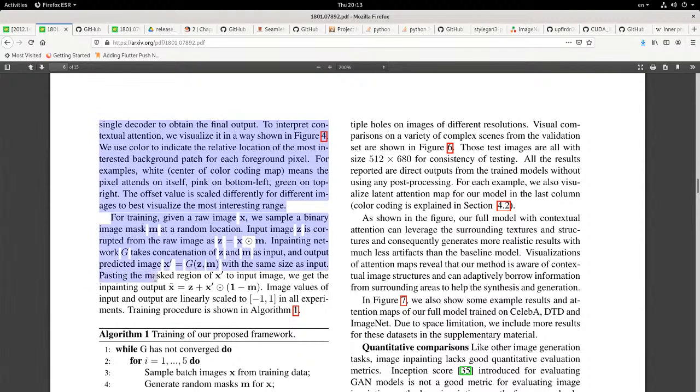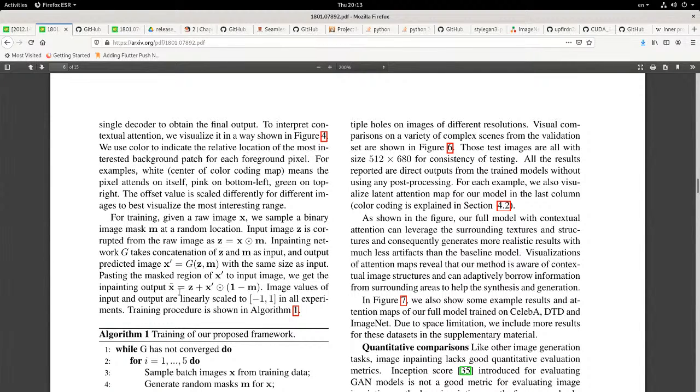Pasting the masked region of X' to the input image, we get the inpainting output.